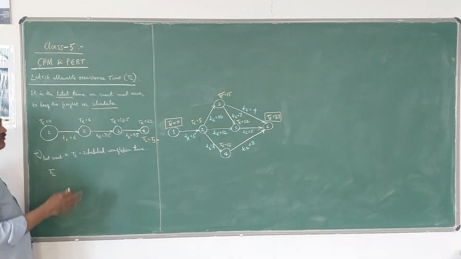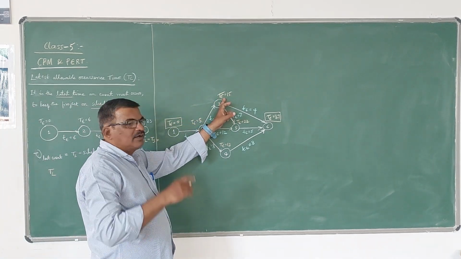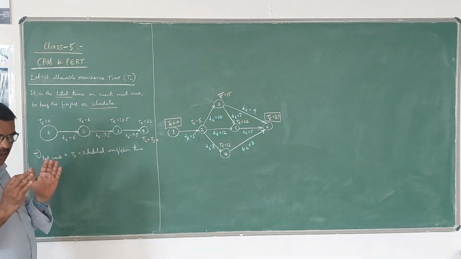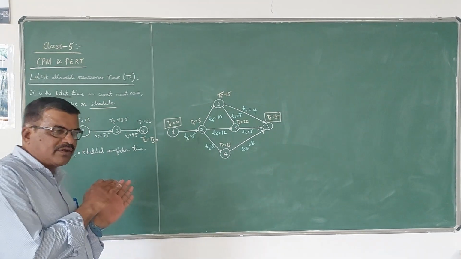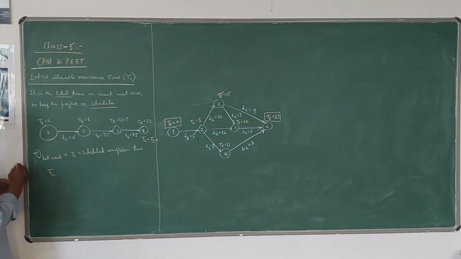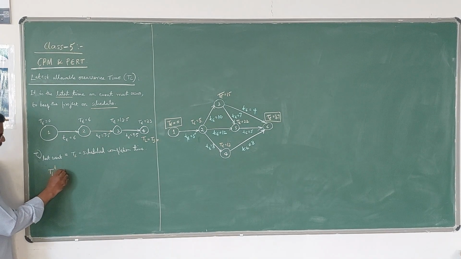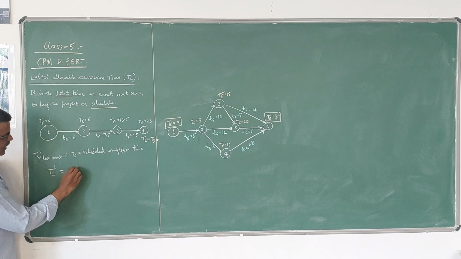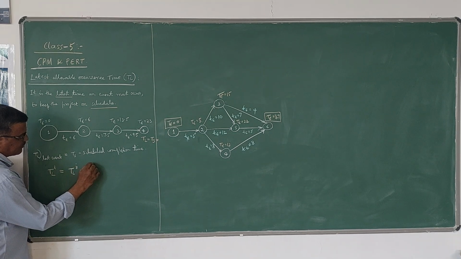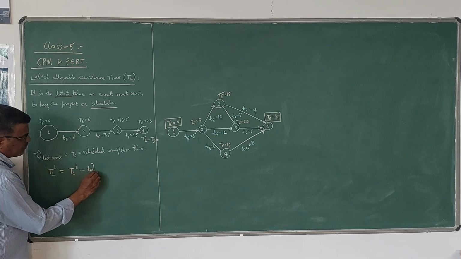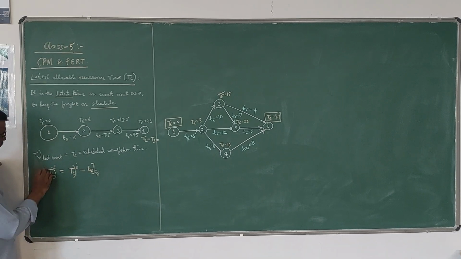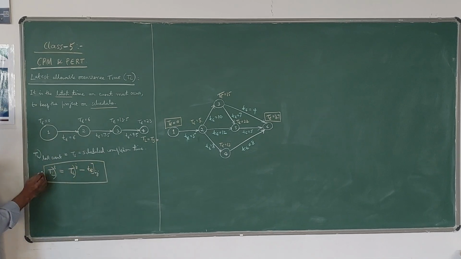For calculating TE, we take the activity ij, where i is the first event and j is the next event. Here we are going the reverse way. TL of i is equal to TL of j minus te of ij. This is the formula we use for calculating the TL value.